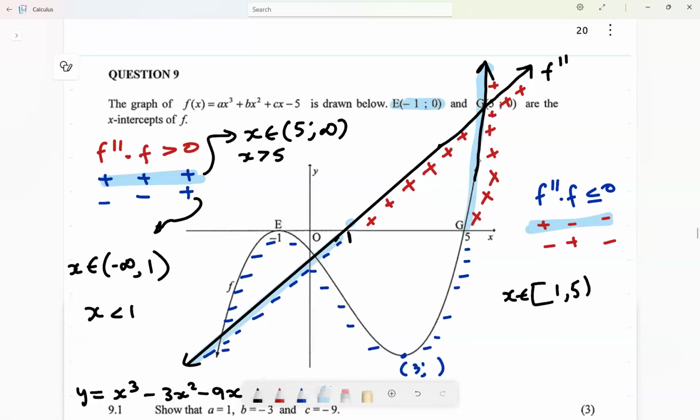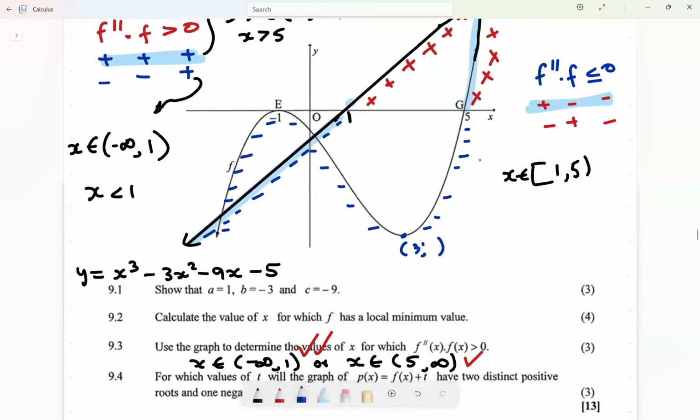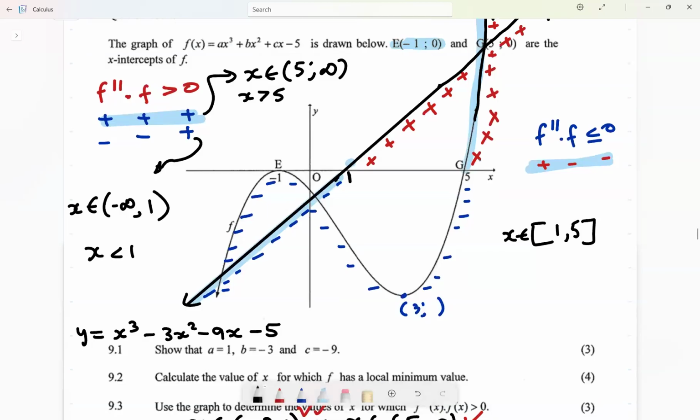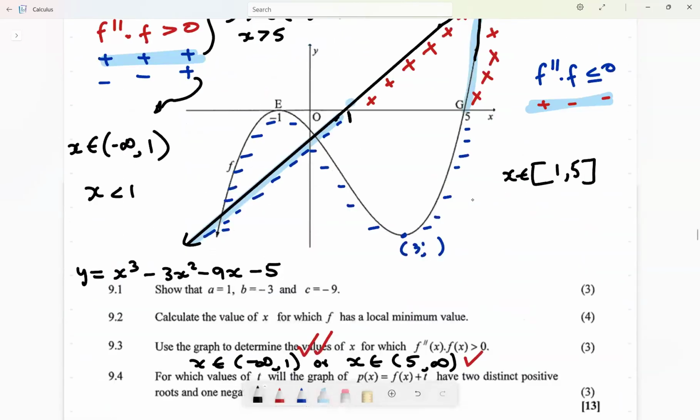Can you see that this combination will not happen? It will not happen. So we only have one condition thereof. So it's going to be between 1 and 5 included, like that, guys. Can you see? Beautiful.